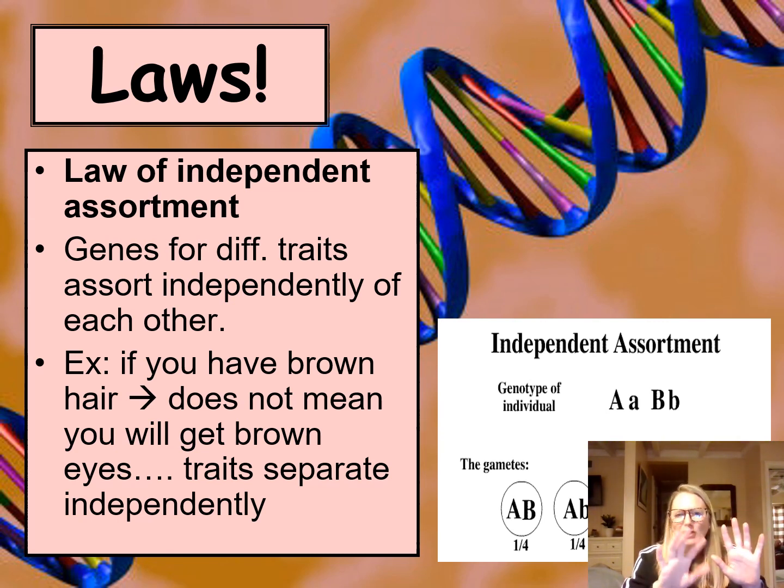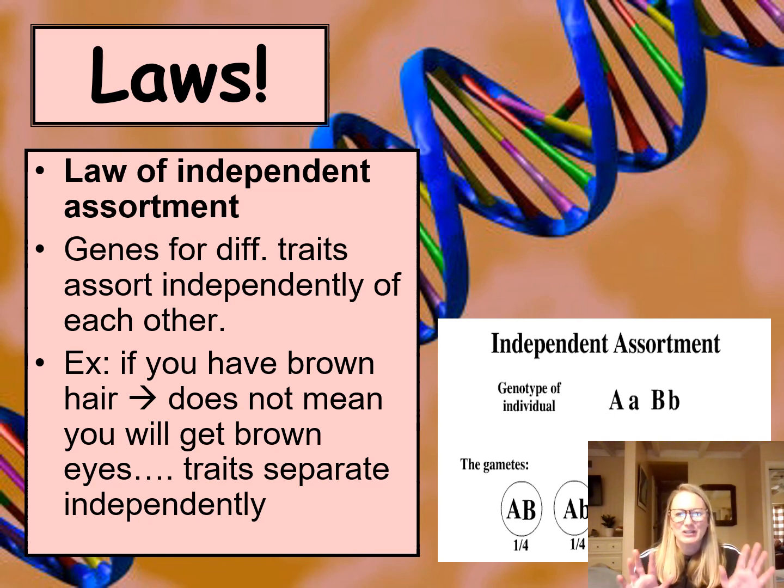Now, later on, you are going to again note that there are exceptions to this rule, and one of those is what's called gene linkage. Scientists have found that yes, some traits are linked. If you get one, you're going to get the other trait. But that, for the most part, is not the case here.